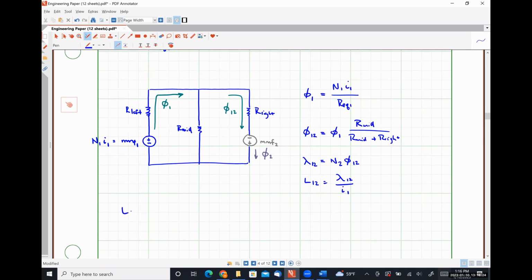So L12 is going to be N2 times phi 1, 2, where phi 1, 2 is just phi 1, so that is N1 I1 over REQ1.